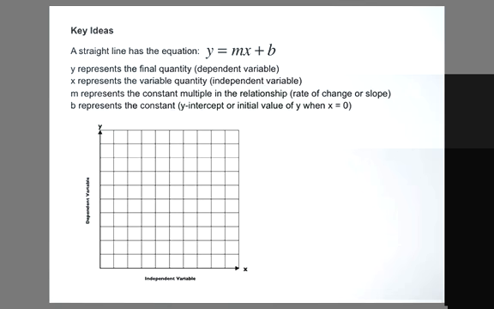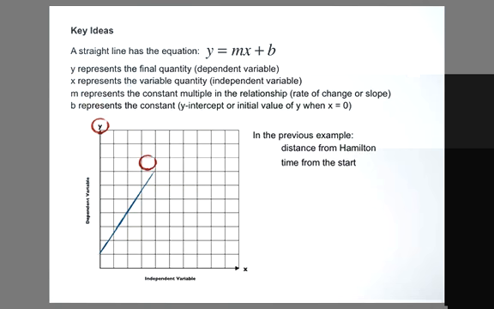When we graph independent and dependent variables, a graph may look like this. In our previous example, the distance from Hamilton was y. The time from the start was x.